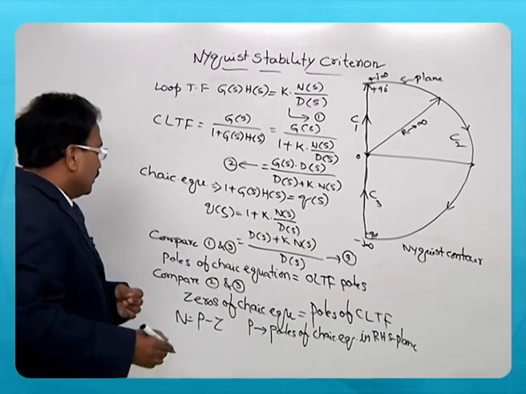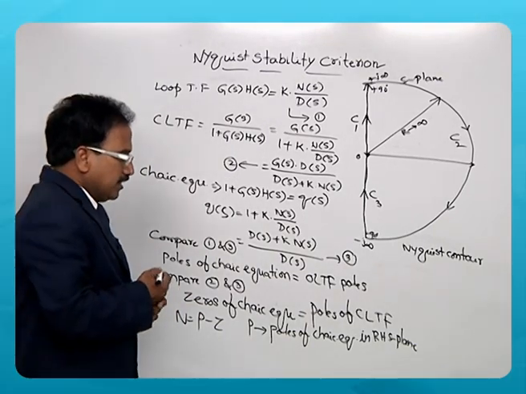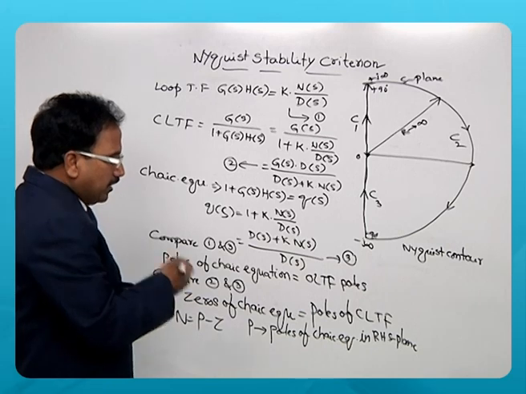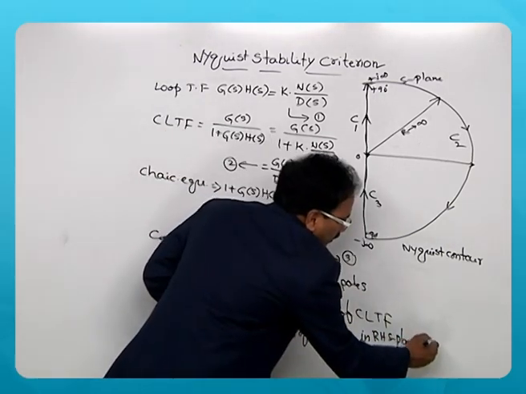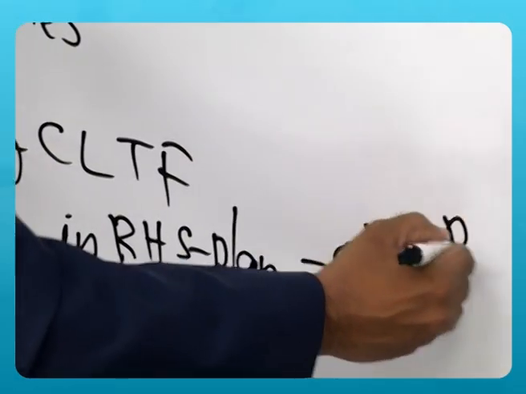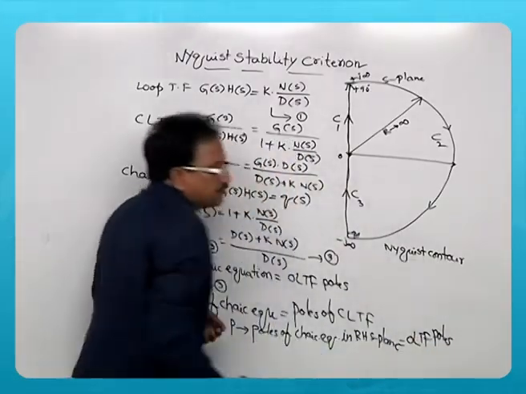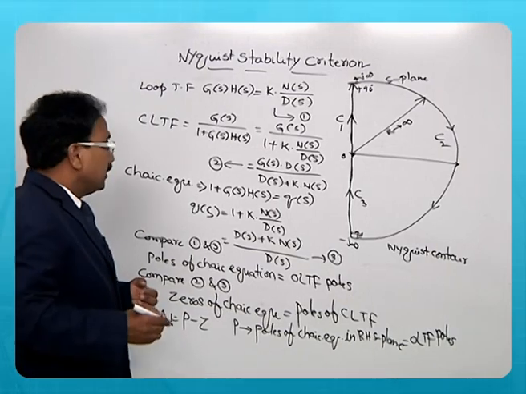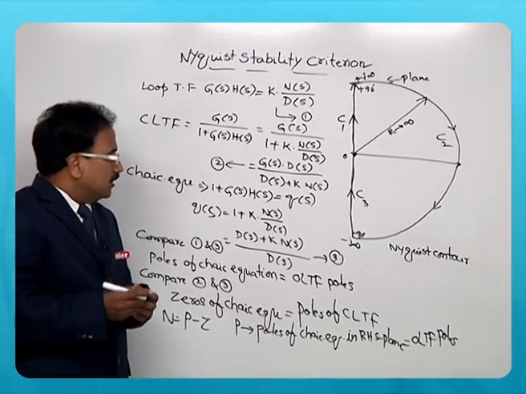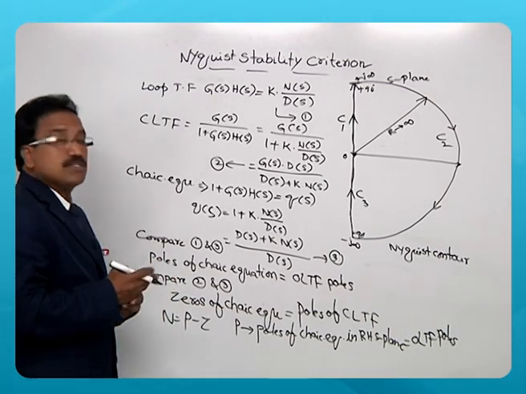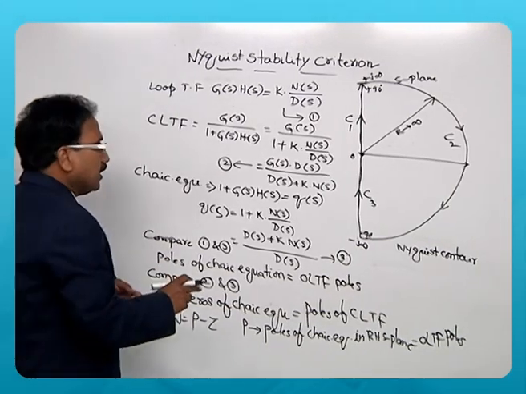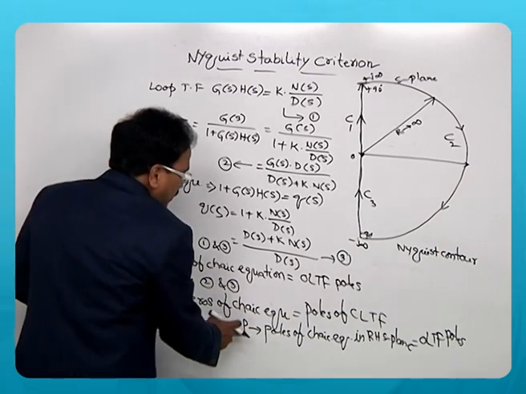The poles of the characteristic equation in the right half of the S-plane are nothing but open loop transfer function poles. This we need to identify from the open loop transfer function.